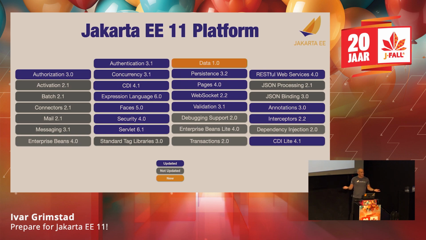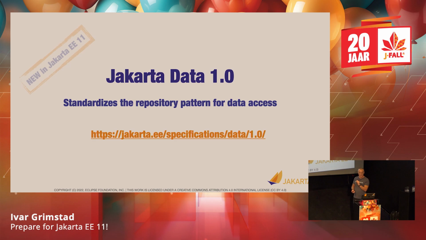So you may have missed, I skipped one, right? Data. And that's maybe, in my opinion, the most interesting thing with Jakarta 11. Jakarta Data is a brand new specification. We're getting it into 11. We're standardizing the repository pattern for data access. And if you're using Spring today, you're probably familiar with Spring Data, well, this is very similar.